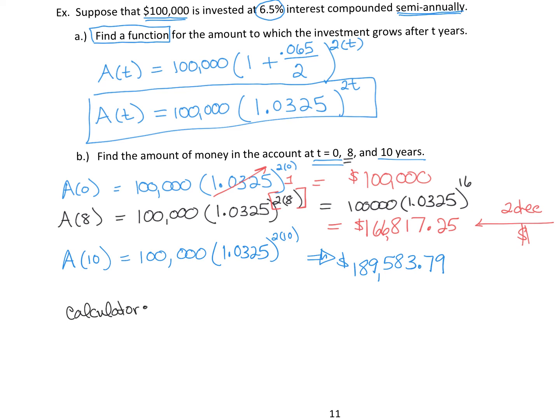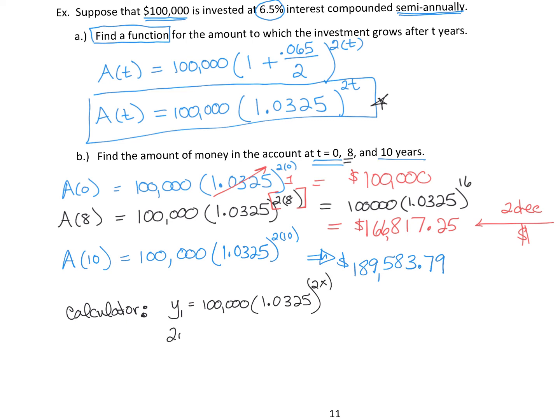Now, a quick note on your calculator. If you're going to be calculating similar things like we were here, you can do a couple of things. You can plug into y1 your function: 100,000, 1.0325, and the exponent 2 times x, so make sure that's in parentheses.